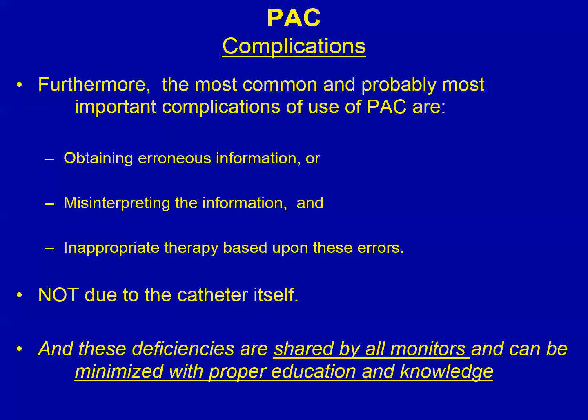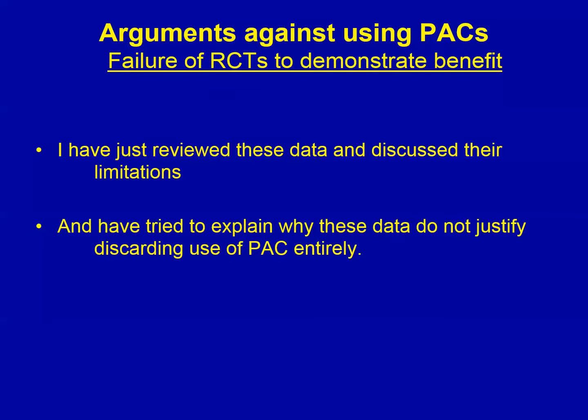Furthermore, the most common and probably most important complications of use of the PA catheter are not the catheter itself, but the risk of obtaining erroneous information or misinterpreting the information and inappropriate therapy based on these errors. This is not due to the catheter, and these deficiencies are shared by all monitors and can be minimized by proper education and knowledge.